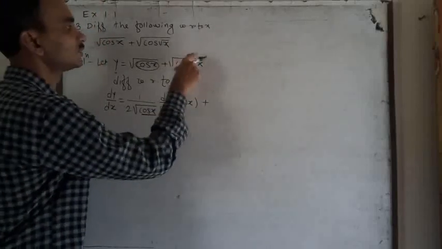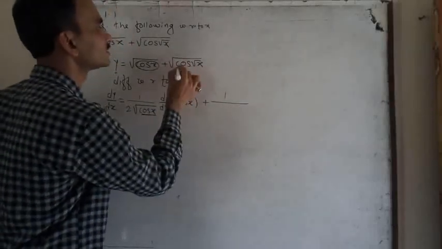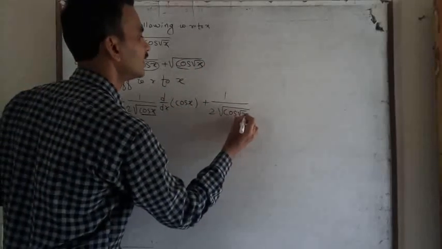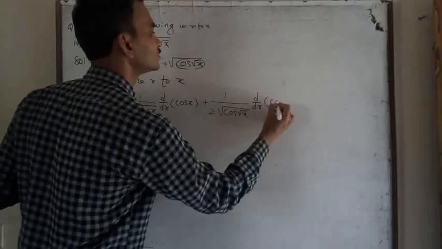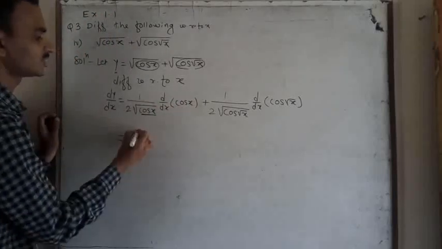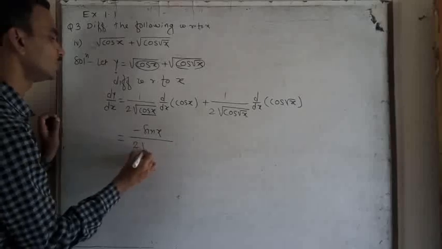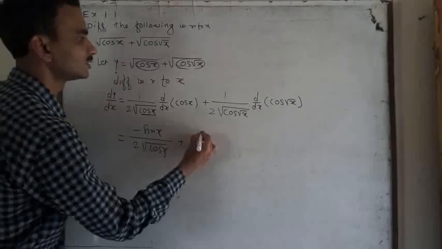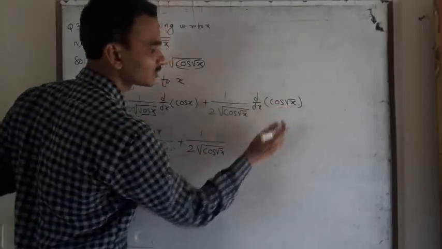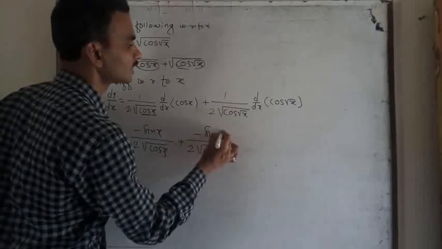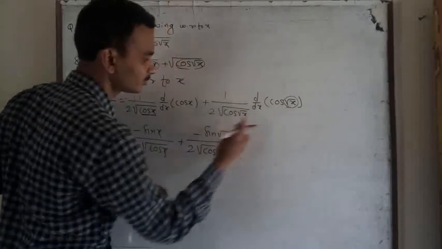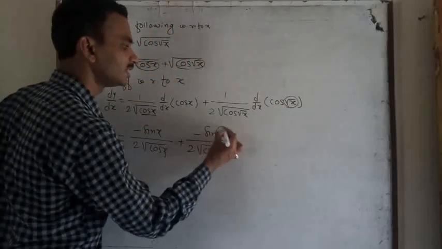Plus also here, differentiation of root x, our x is cos of root x, so 1 upon 2 root cos of root x, and d/dx of cos of root x. d/dx of cos x is minus sin x upon 2 under root cos of x, plus 1 upon 2 under root cos of root x as it is, and the derivative of cos x is minus sine of root x.